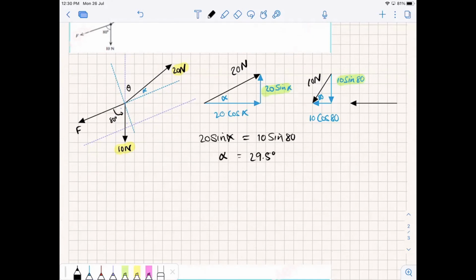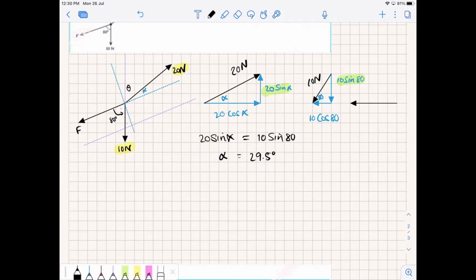Now let us look at solving for F. Because I've chosen to make my line of action in the same direction as force F, I've eliminated all the vertical components out of the equation.